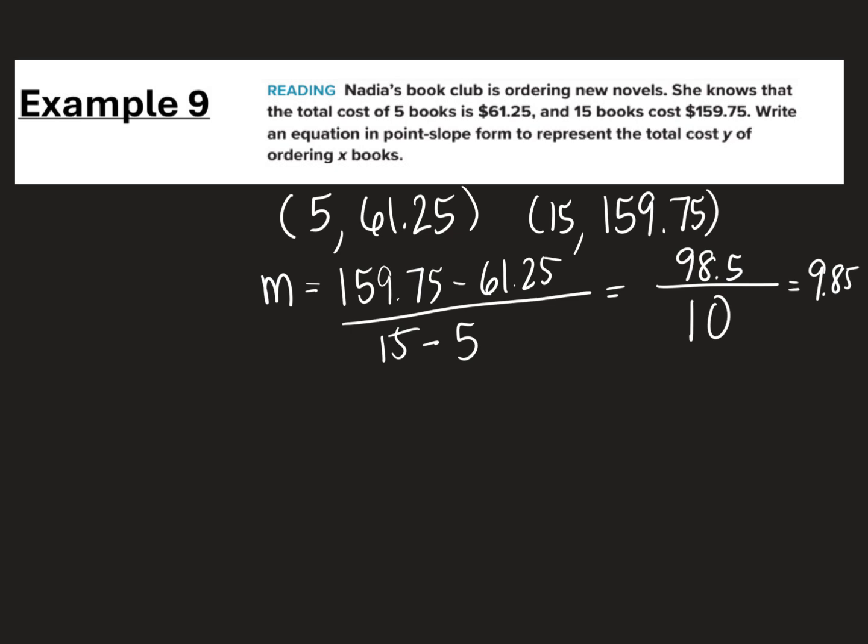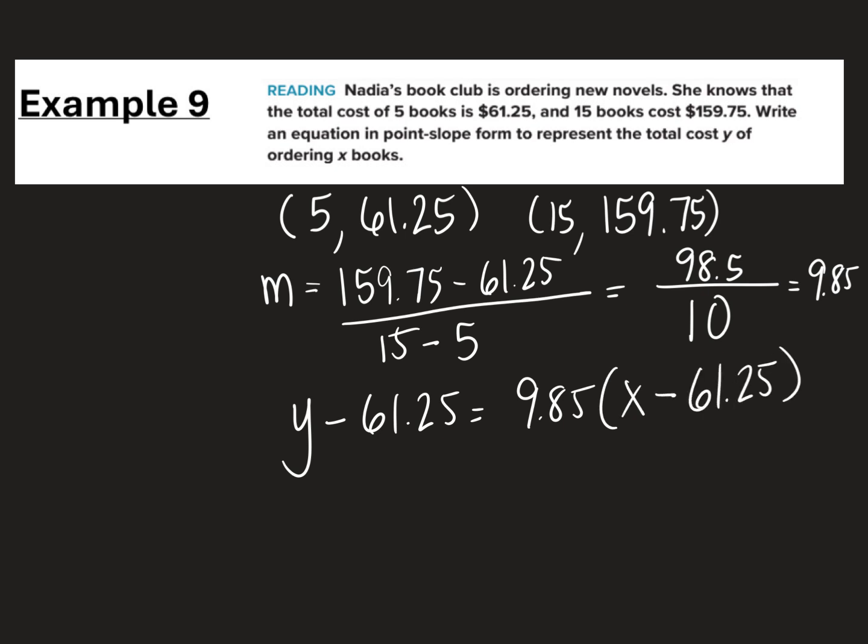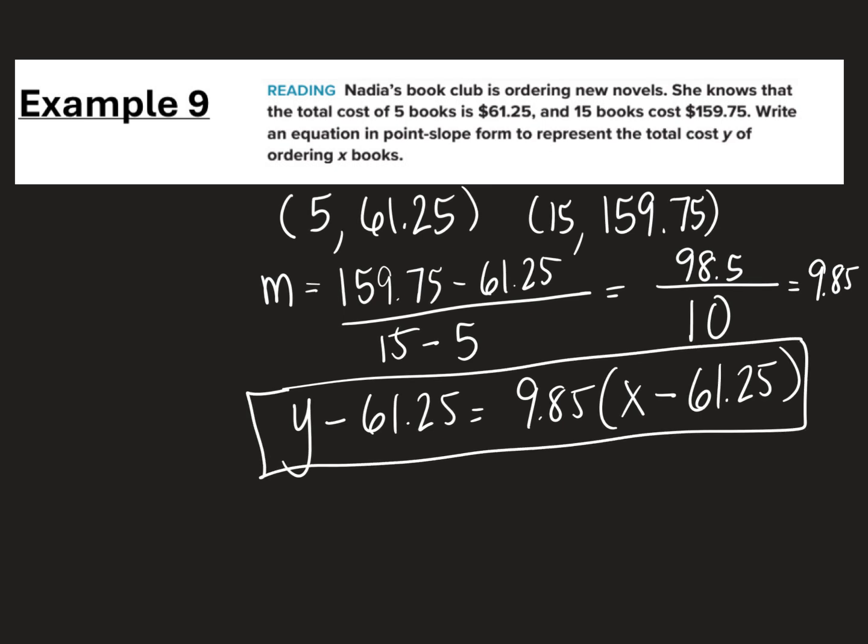That's my slope. And then to write it in point slope form, y minus y1 equals m times x minus x1. And that's my answer to my problem. I wrote the equation in point slope form.